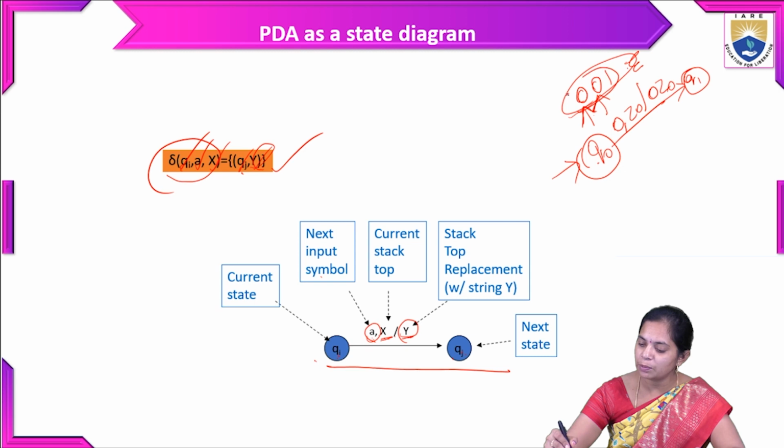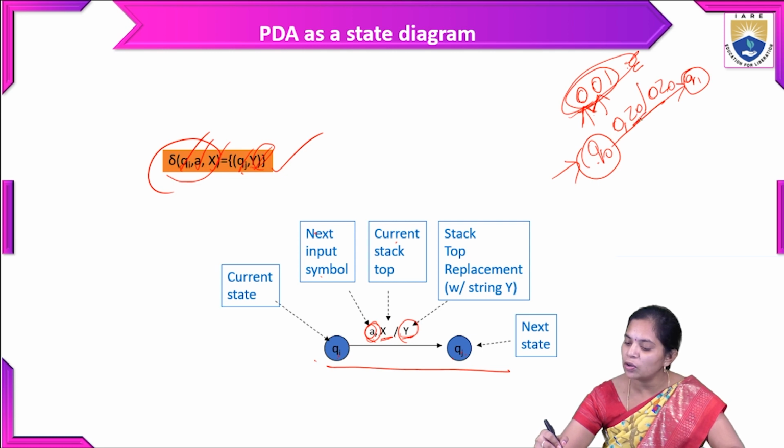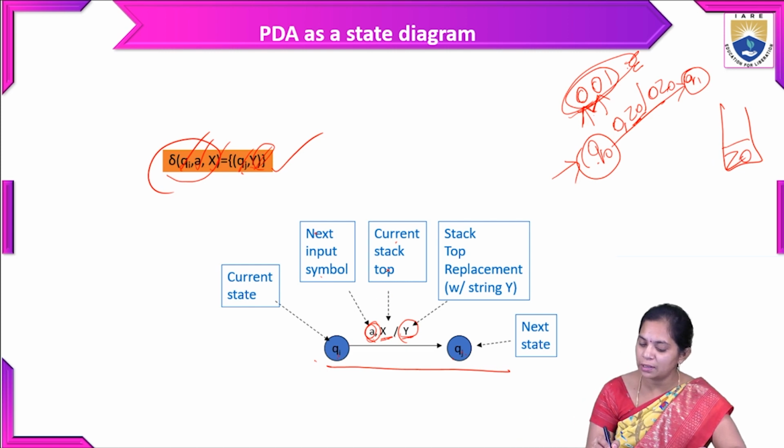So these input values are the next input symbol, and next X is the current stack top, whatever is in the current stack. So here in this case Z0 is the top of the stack symbol. So for this example the top of the stack is Z0, and next the stack top replacement is the Y string.